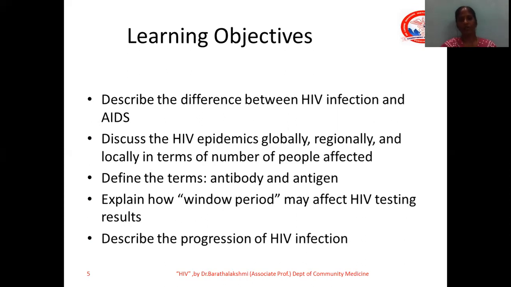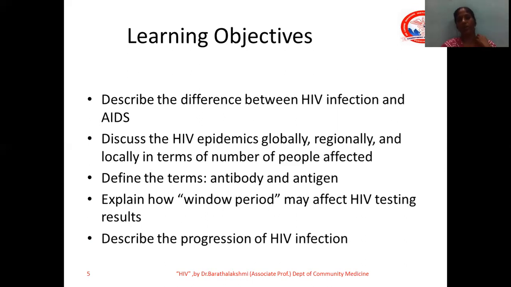If we are losing our soldiers, the CD4 helper cells, like this, our body doesn't have any immunity to offer protection against the pathogens which are everywhere out in the environment. So even a simple pathogen can turn into a big infection in an HIV infected person's body.